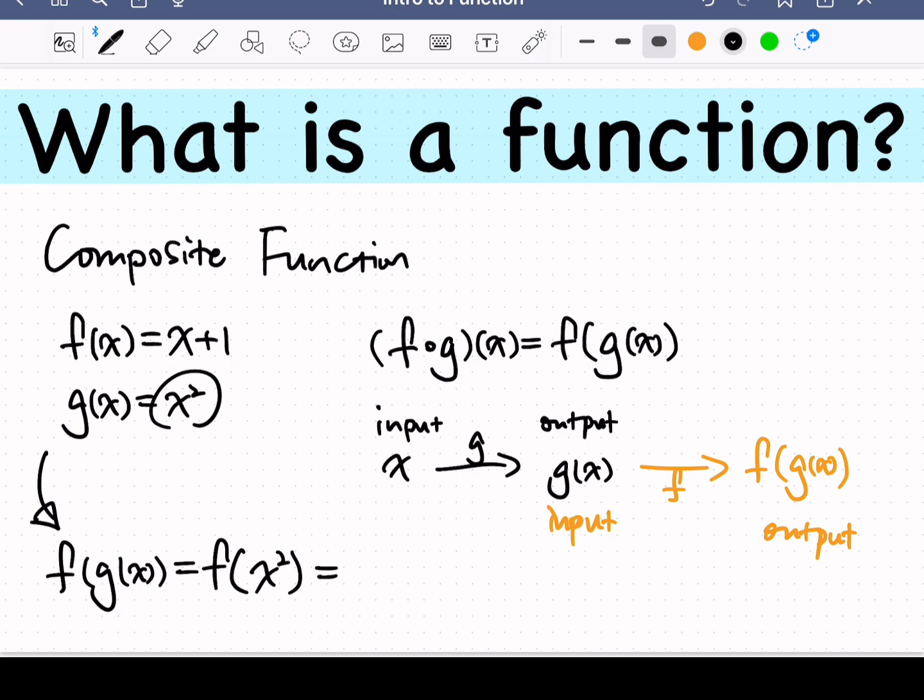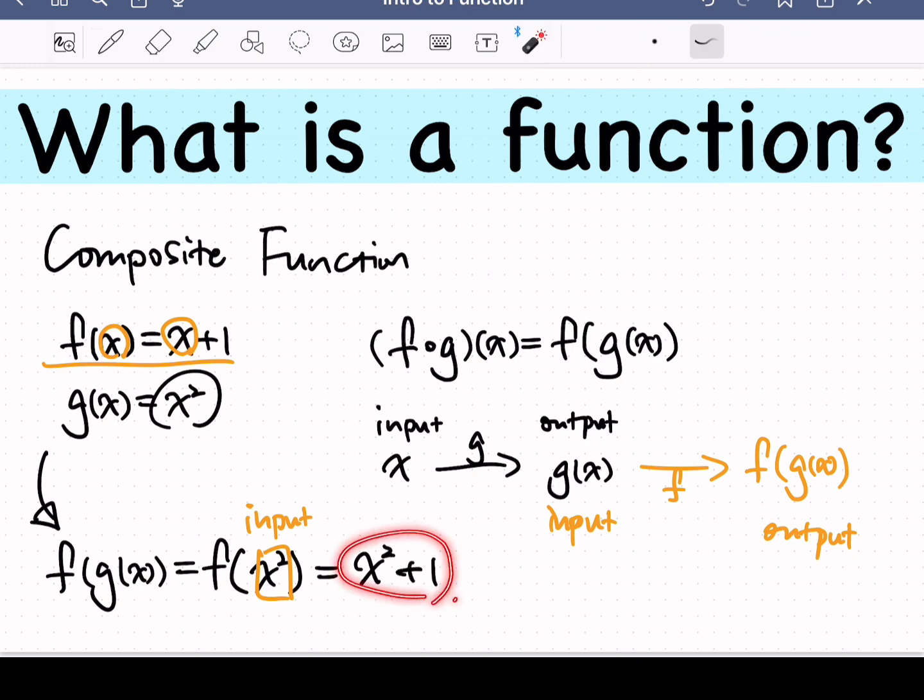Now, this whole part, x squared, is the input for the function f(x). Function f(x) means that when you have an input, you get an output just by adding 1 on top of the input. So now it becomes x squared plus 1. This is the final output of the function f of g of x.